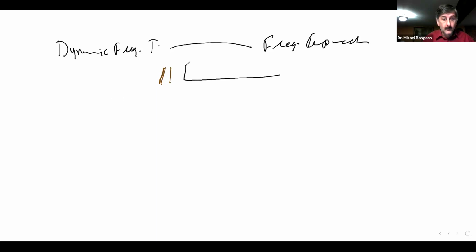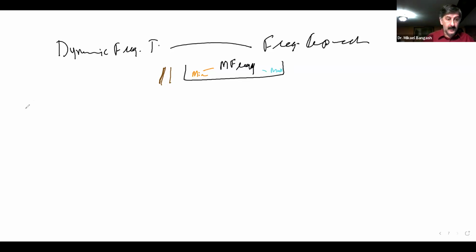Our transducers all had a mean frequency. On either side of that frequency there was a minimum frequency and a maximum frequency, which was the bandwidth.